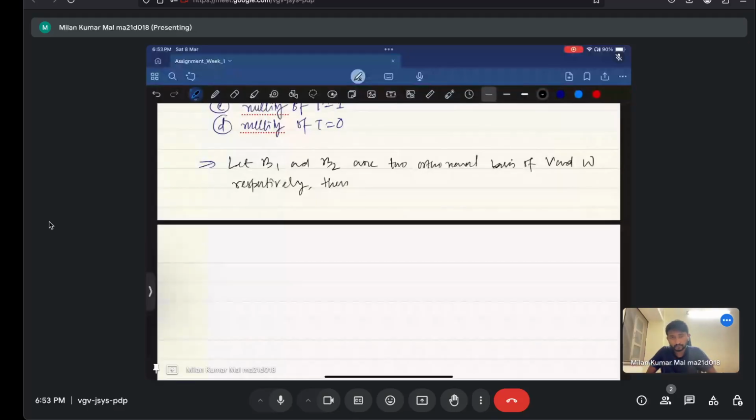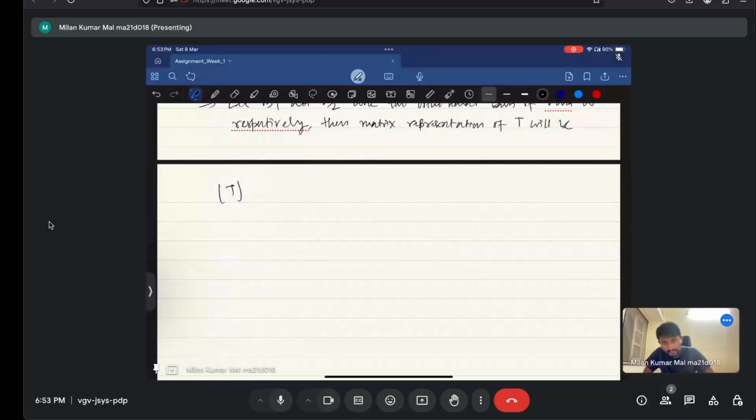Then the matrix representation of T with respect to the basis beta 1 union beta 2 will be this way. This is a direct sum, so a sum must be defined.